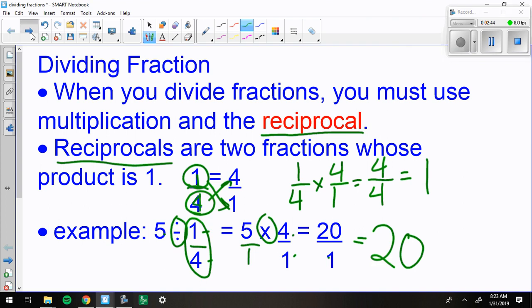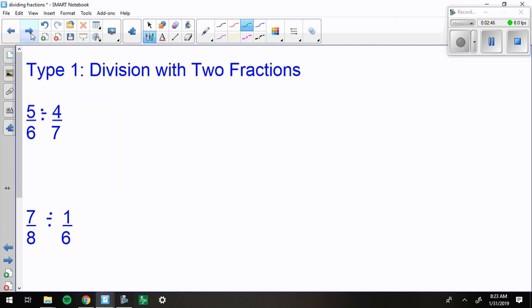But what I want to show you now are just some examples of dividing two fractions. When we're finding the reciprocal, we always find the reciprocal of the second number, or the second fraction. Always.